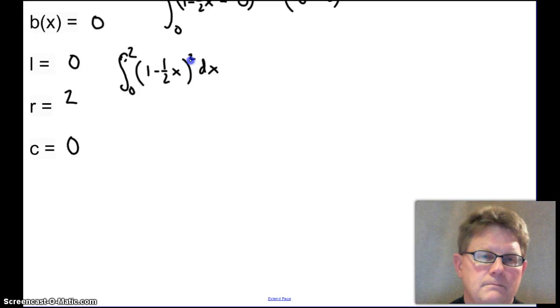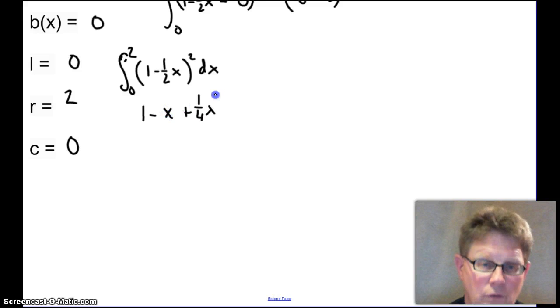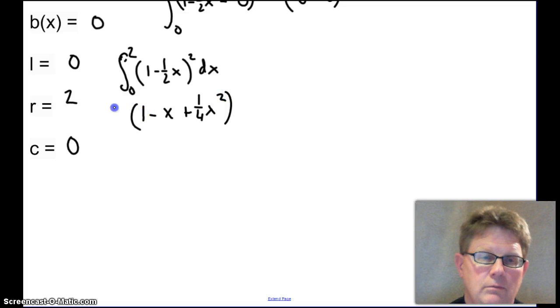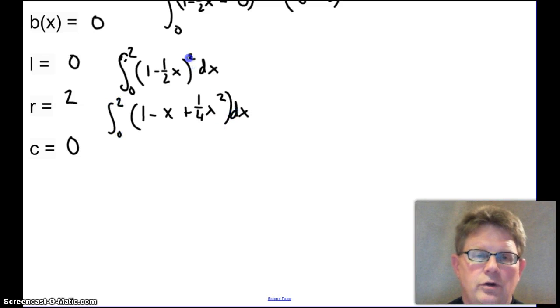Alright, you can either square this out and get 1 minus x plus 1/4 x squared, sorry. Okay, that's when you square 1 minus 1/2 x, integral from 0 to 2 dx, or you probably could have used substitution as well.